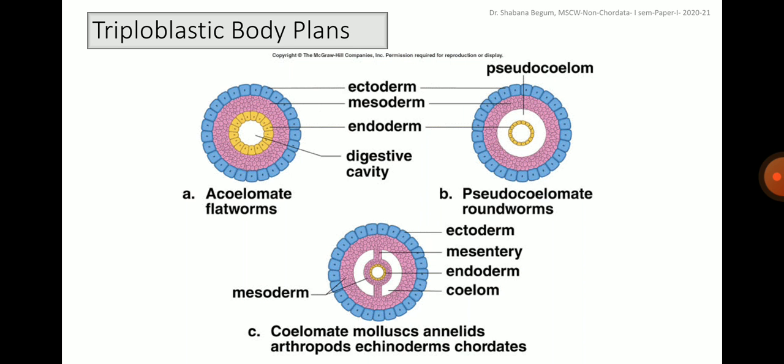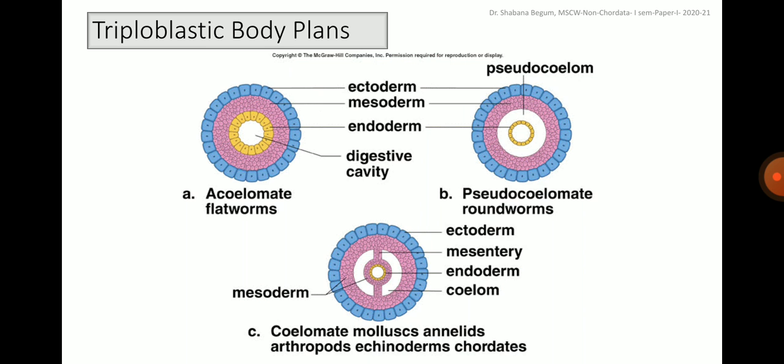While in the pseudocoelomate condition seen in roundworms, you can find the outer covering of ectoderm, middle mesoderm and the inner yellow colored cells of endoderm. But here the coelom is not lined by the epithelium derived from mesoderm. Hence, it is a pseudocoel or false coelom. In case of coelomates such as mollusks, annelids, etc., the condition is a little different.